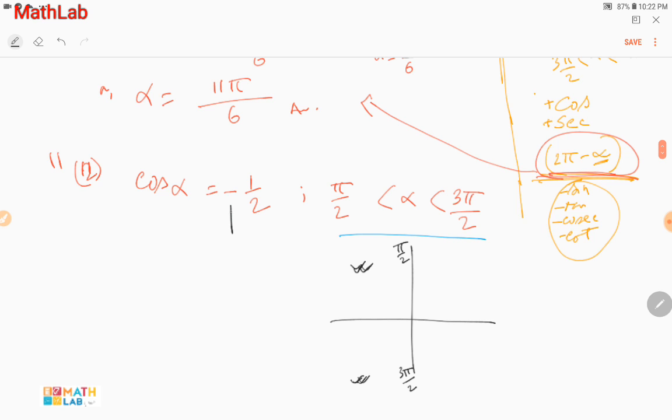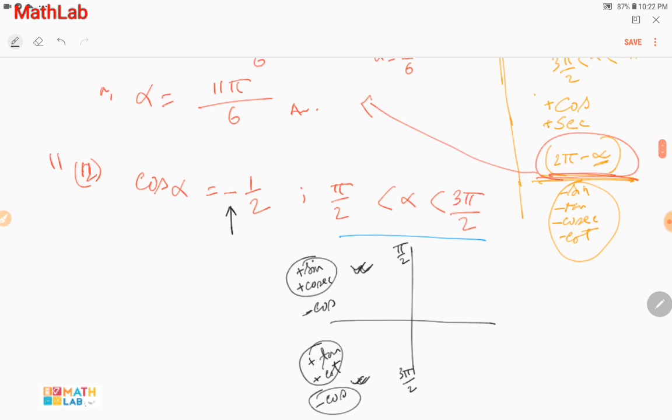But here cos is negative. We know that in the second quadrant sine and cosec are positive, so here cos is negative, and also in the fourth quadrant tan and cot are positive and cos is negative. Okay, so we have to calculate for quadrant 2 and 3.